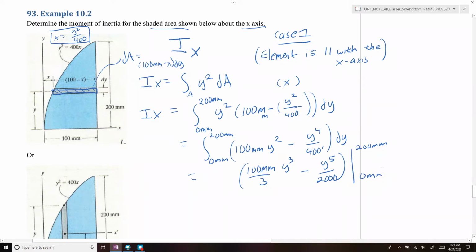If we plug those in, we get 100 over 3 times 200 cubed, minus 200 to the fifth over 2000. And when we plug in y equal to 0, we get 0 minus 0.